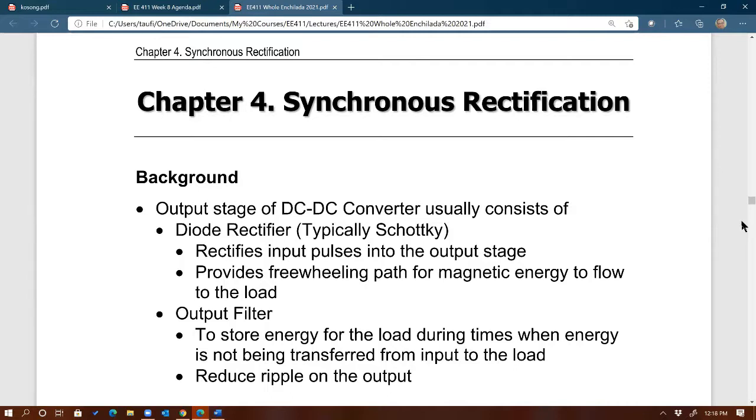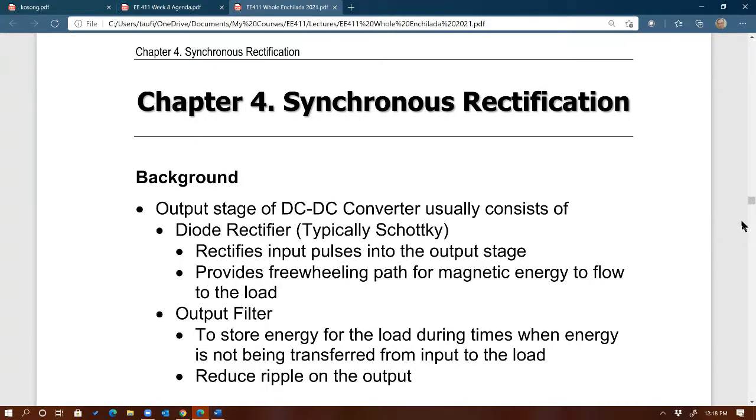By going through those losses, hopefully you understand why for some applications it may not be beneficial to use a diode, but rather use a different method to replace it. One method is to use another FET or another solid state switch.